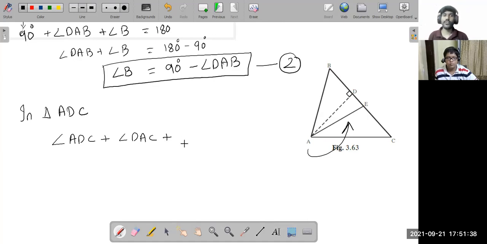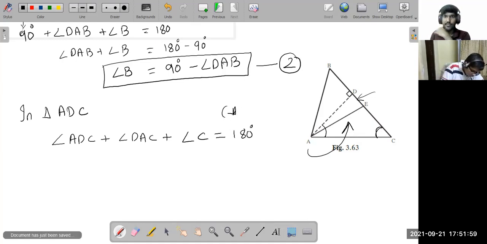In triangle ADC, angle ADC, that is this one, plus angle DAC, that is this one, plus angle C, angle C is common, equal to 180 degrees. Same thing, angle sum property.